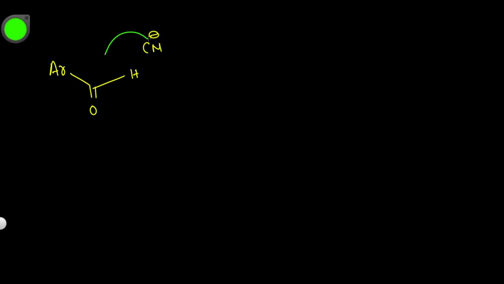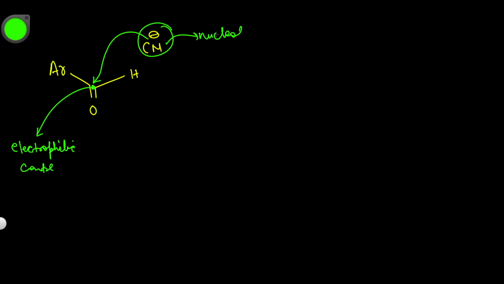It will attack on this electrophilic center, this carbon. Because CN minus is a nucleophile, it will attack on this carbonyl center, and after the attack happens, the double bond shifts onto the oxygen as a negative charge.